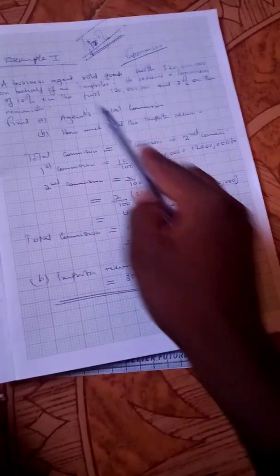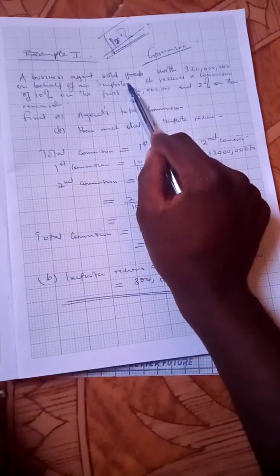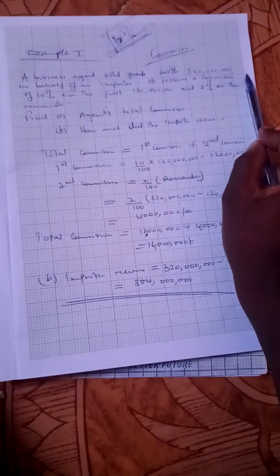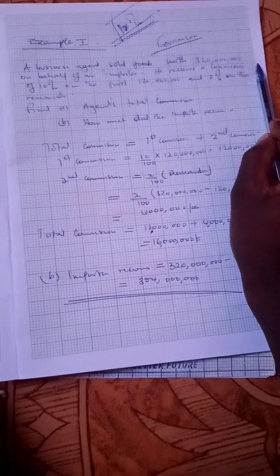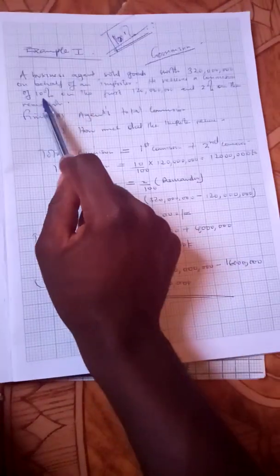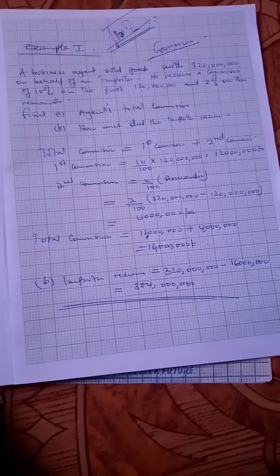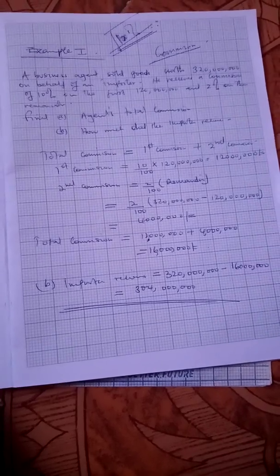So now this is a business agent who sells goods that are worth 320 million, on behalf of an importer. The importer tells him that the first goods you will sell, of 120 million, you will get 10% of that money.